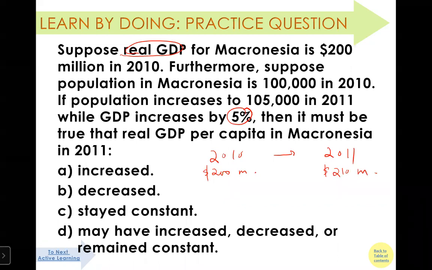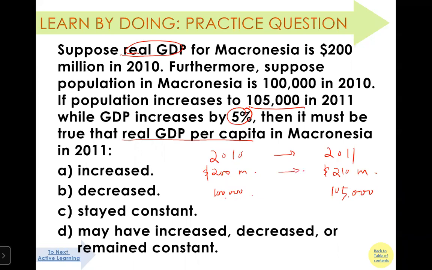Population. The population was 100,000. Now increased to 105,000. The question asks you, what is real GDP per capita? If we look at aggregate GDP, yes, there's growth.